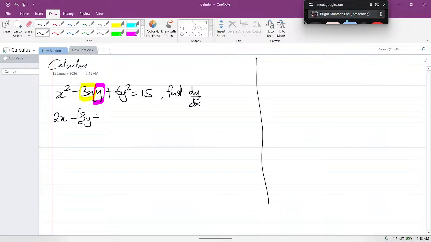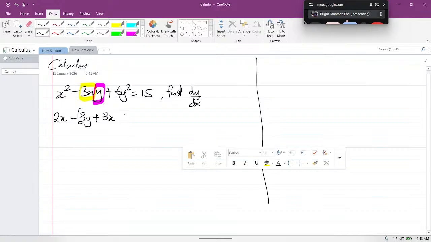Plus, you don't do anything to the 3x, but you differentiate y. When you differentiate y, you get 1. So you get 3y plus 3x times 1.